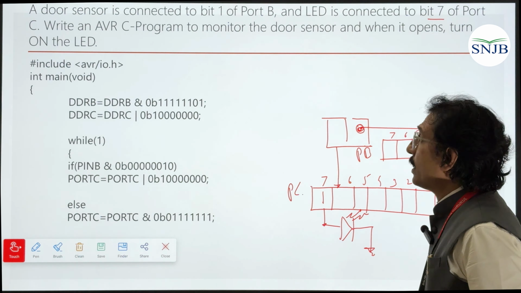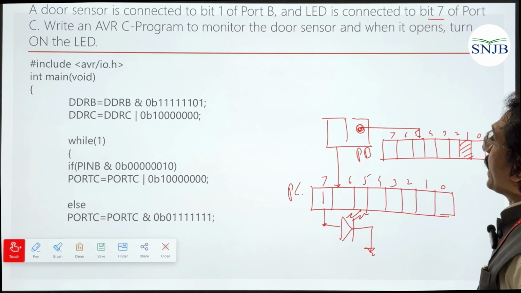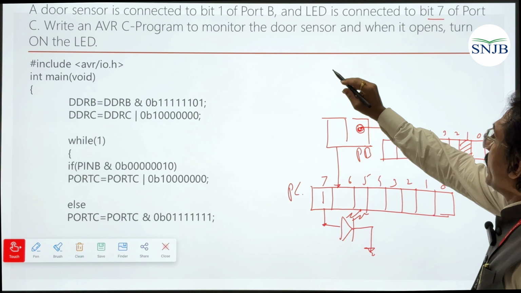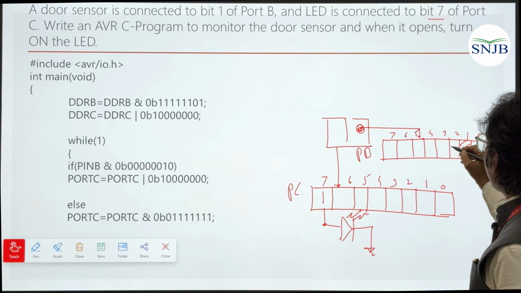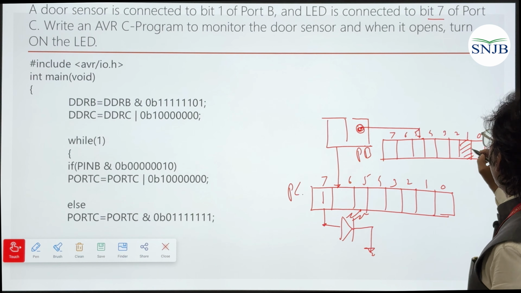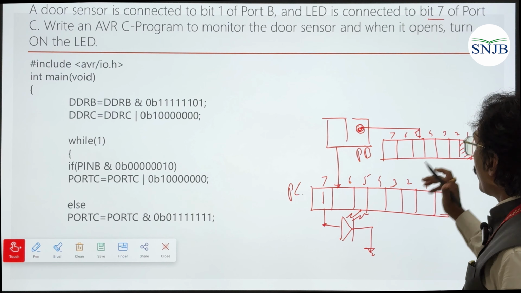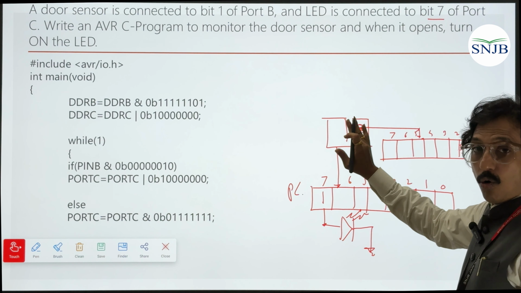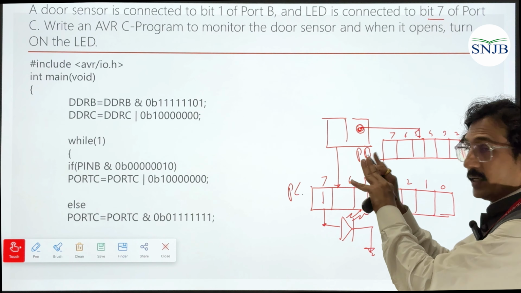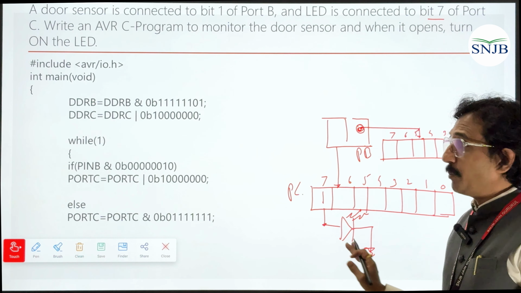So this is the circuit. Write a program in C to monitor the door sensor. We have to monitor this sensor, and when the door opens, turn on the LED; when the door closes, turn off the LED. This is the simple program.